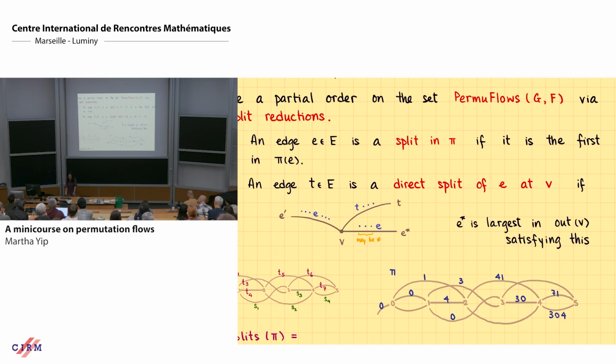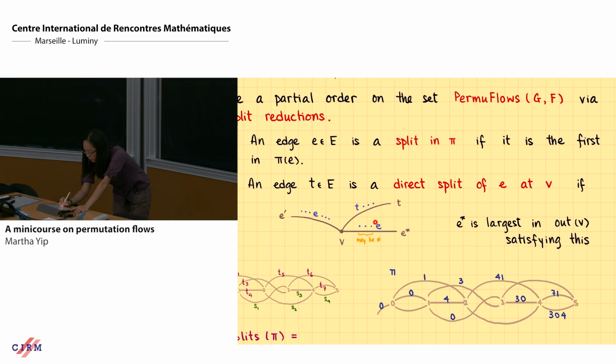Vertex V. Here's some split edge. So necessarily, pi of t has to begin with that letter. But we say t is a direct split of the letter E if I have some edge below t, where E is the largest possible edge where this situation happens.